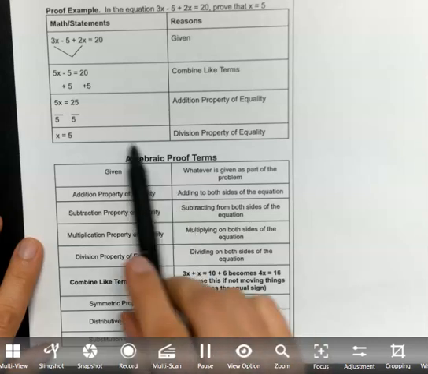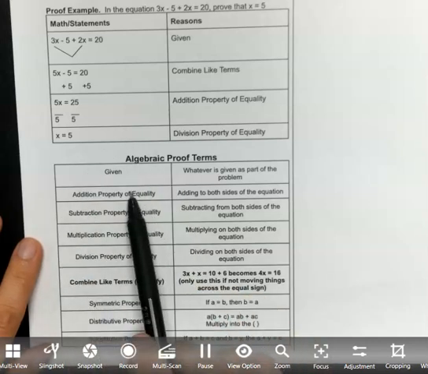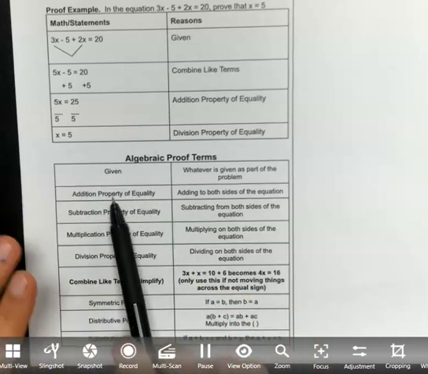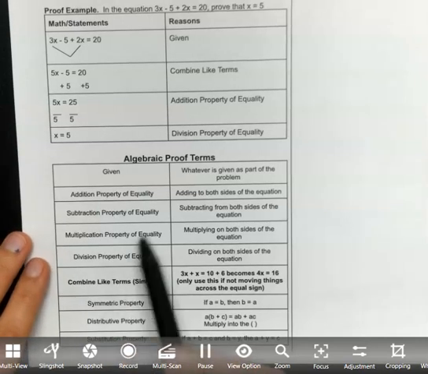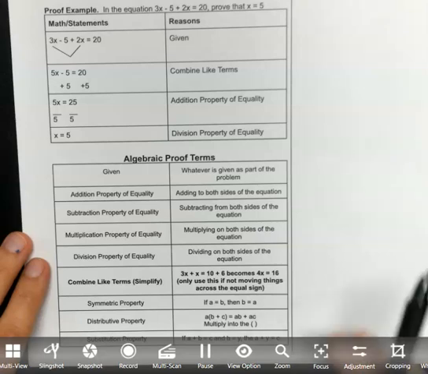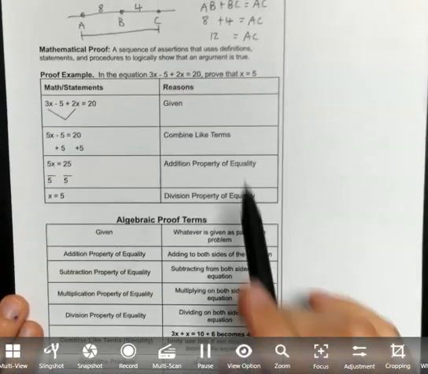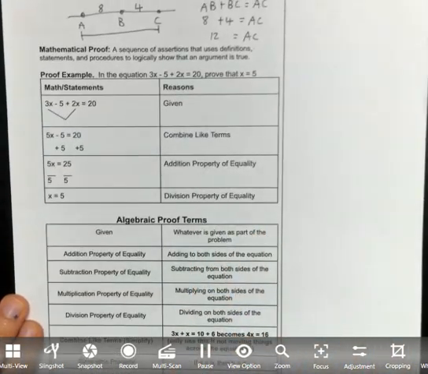So right here, these are all properties. So we can use a property, a definition, a theorem, a postulate for each of our reasons for doing something.